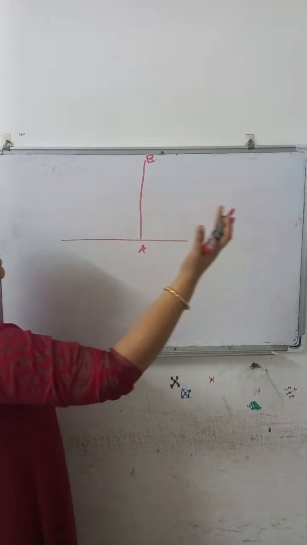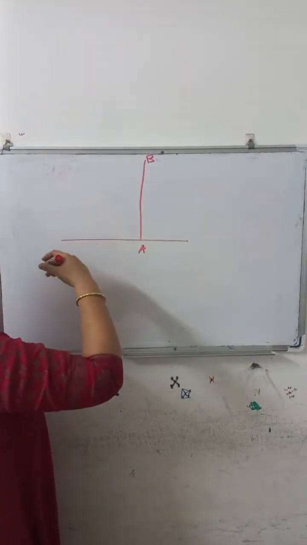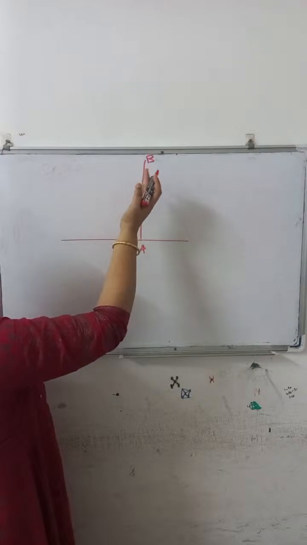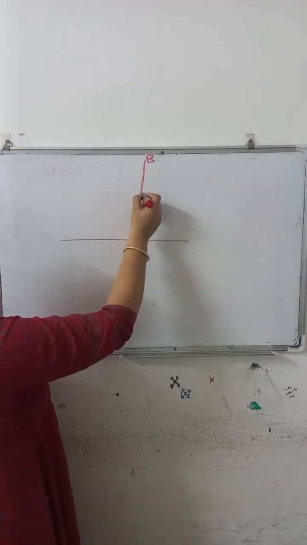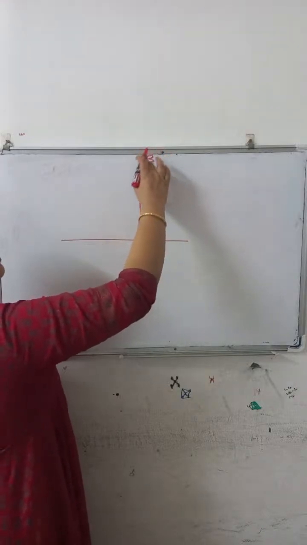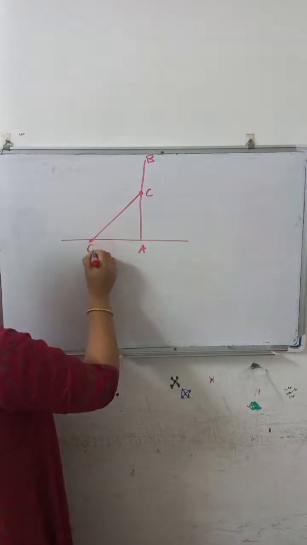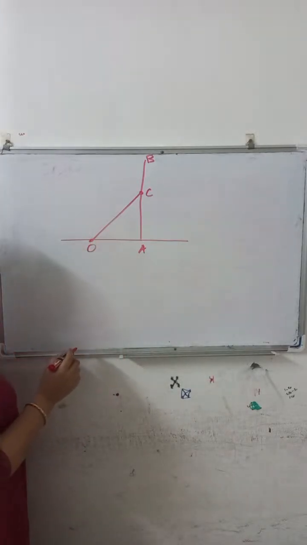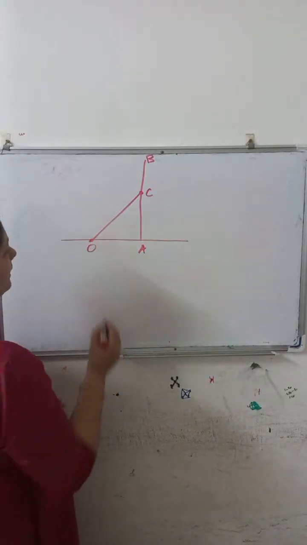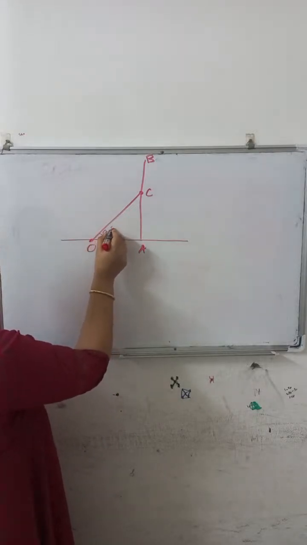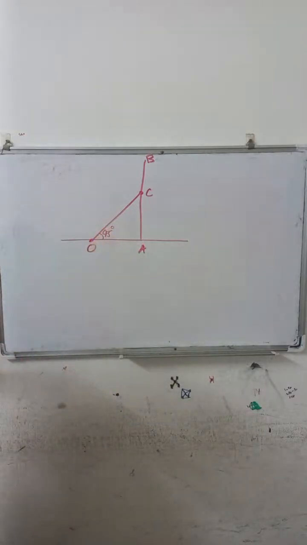Now what happened? A storm came, and because of that this tree got broken from the point C, and this BC part touches the ground. That point I will take as O, and it makes an angle of 45 degrees.